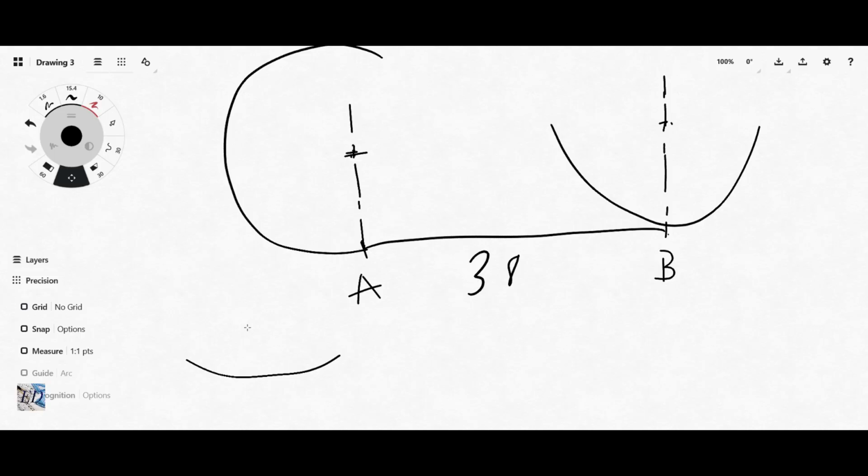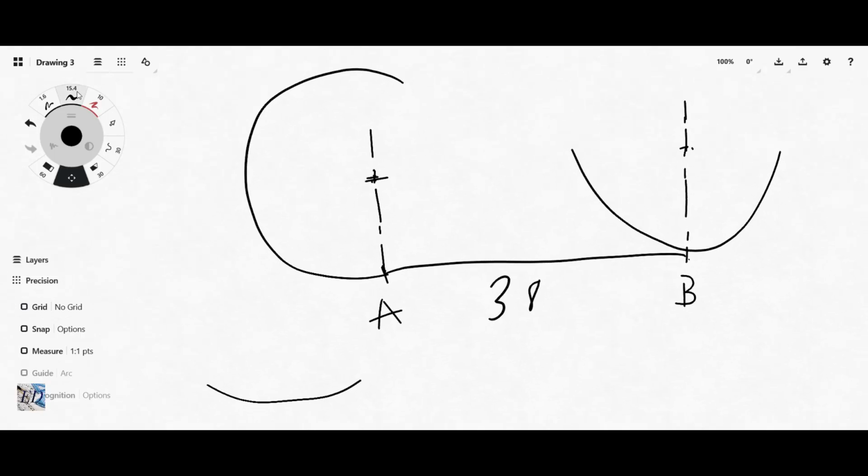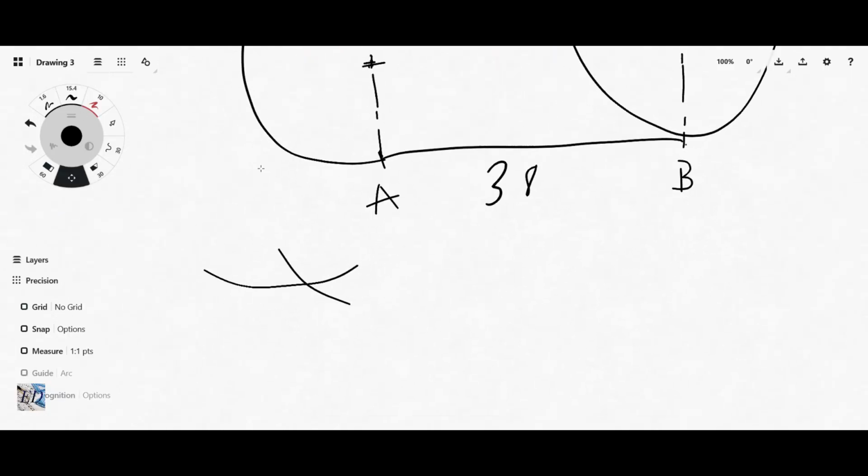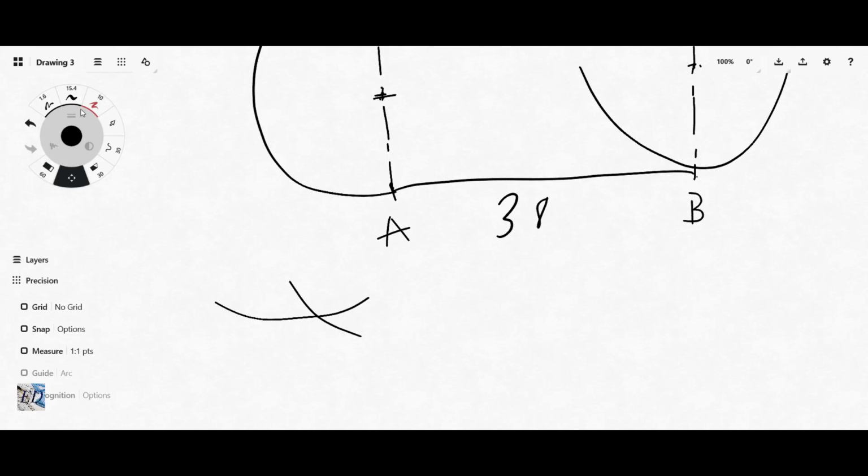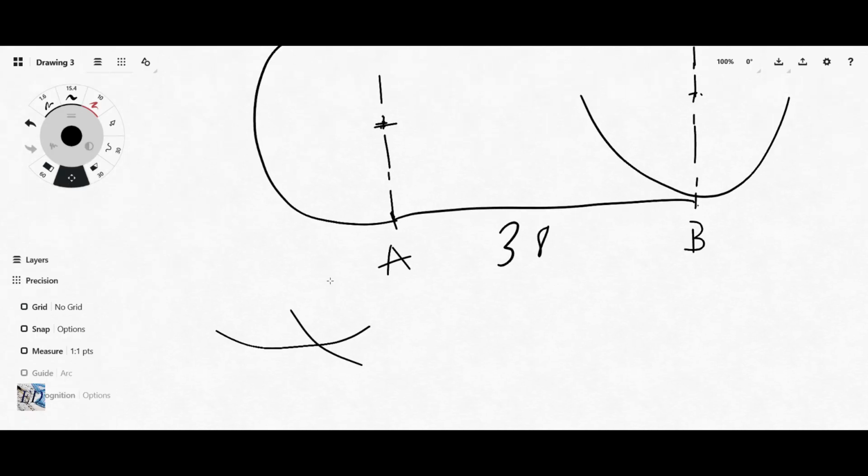You open your compass to 25 millimeters, and then you draw an arc. Now, where the two arcs intersect, that gives you the center of the third arc.